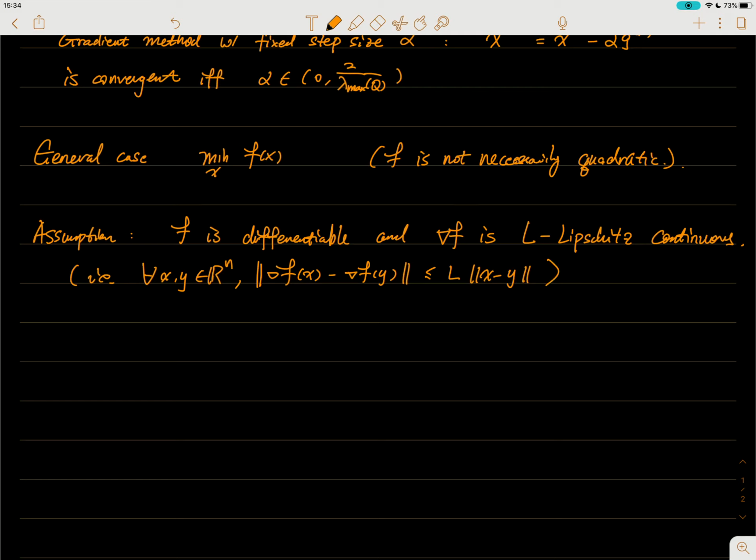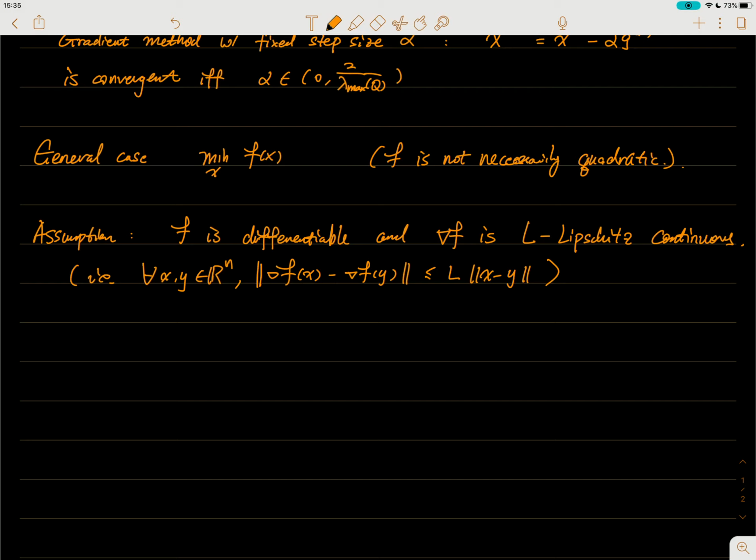L is some constant. Since these gradients are both vectors, I need to take the vector norm outside. For example, if L is 10, then you just need the left side to be less than or equal to 10 times the norm of x minus y. This is the only assumption that we make.